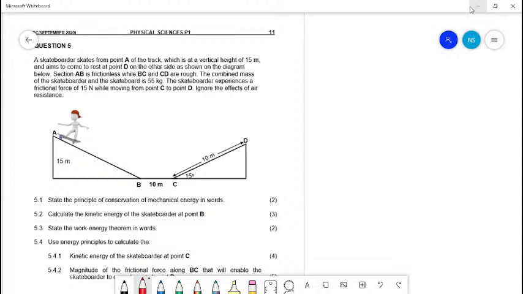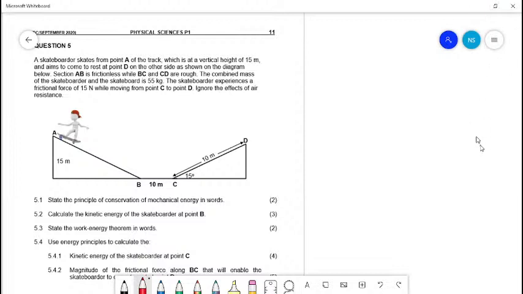Section AB is frictionless, while BC and CD are rough. The combined mass of the skateboarder and the skateboard is 55 kg. The skateboarder experiences a frictional force of 50 newtons while moving from point C to point D. Ignore the effects of air resistance.